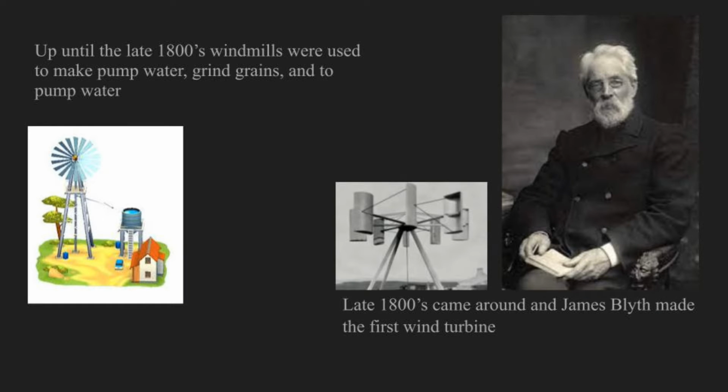Then by the 11th century, windmills started being used majorly to produce food, like grinding grains. And then the merchants and crusaders of that time eventually brought their technology westward towards Europe. Then it was eventually used there too.